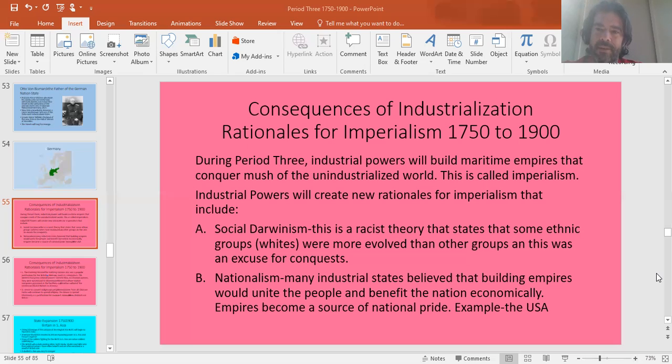In 5 of these 6 industrial powers, including the most important ones, which are the first ones, the British, the French, and the United States, and even Germany to a lesser extent, are going to come up with racist ideologies to justify why they have the right to conquer other groups of people in the world.